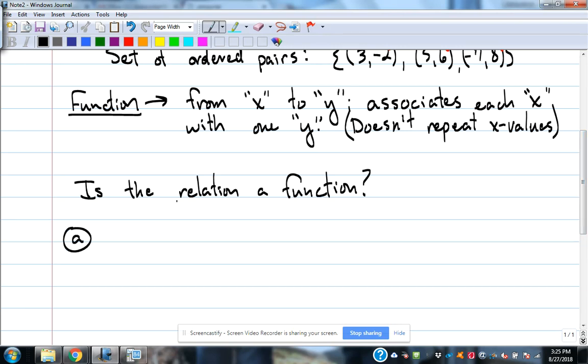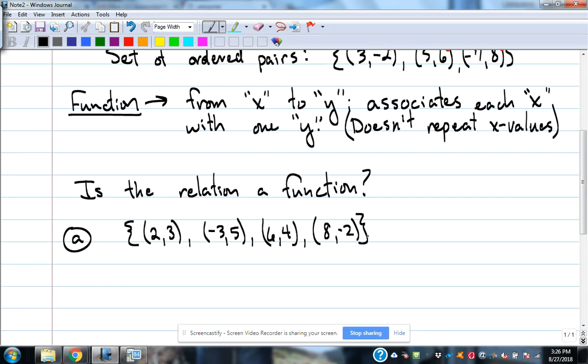All we're going to do is look at a relation to decide if it's a function. There are several ways a relation could be written. One of the ways we've already seen, a set of ordered pairs, like this set: (2, 3), (-3, 5), (6, 4), and (8, -2).